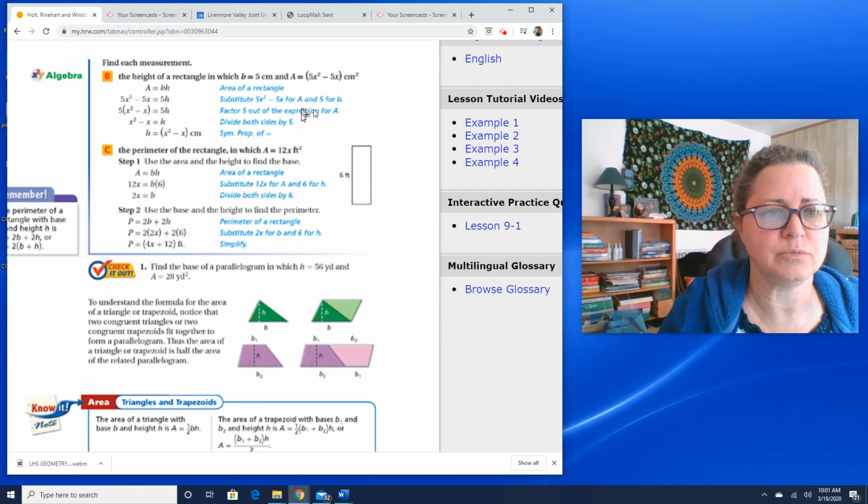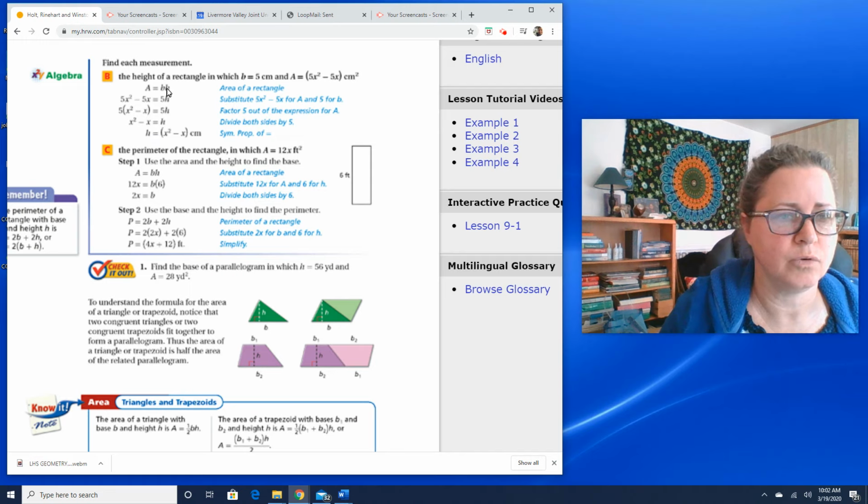Because basically what's happening, if you pretend this is the 5, is the 5 is here, and the area is the whole entire thing, and they're pushing these numbers into the formula in order to figure out what the height is. Okay, so see how they wrote the formula, did the substitution.